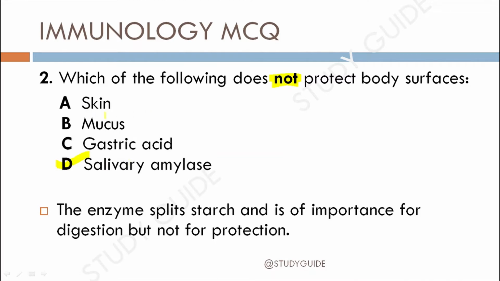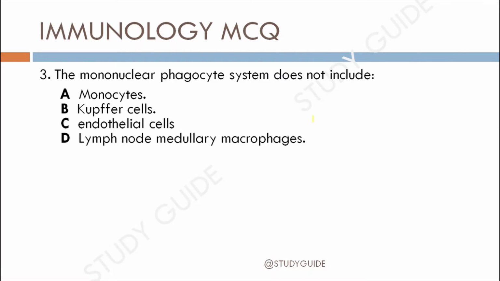Whereas the skin, mucus and gastric acids all help in protecting the body from microbes or other agents. Let's move toward the third MCQ. The mononuclear phagocyte system does not include.